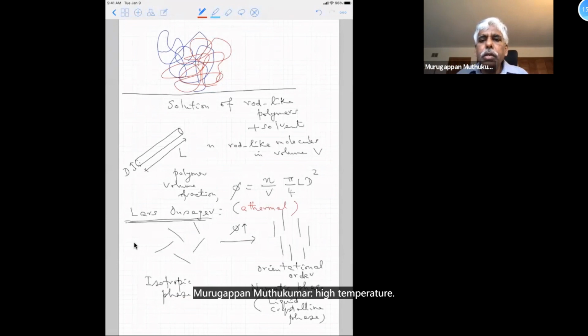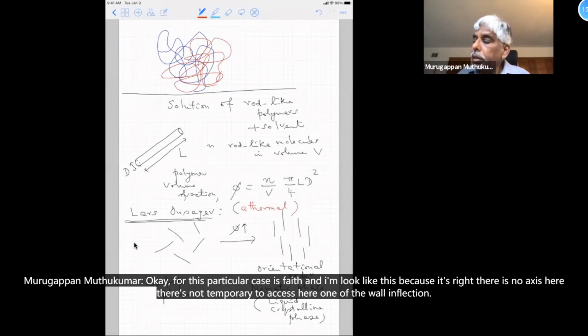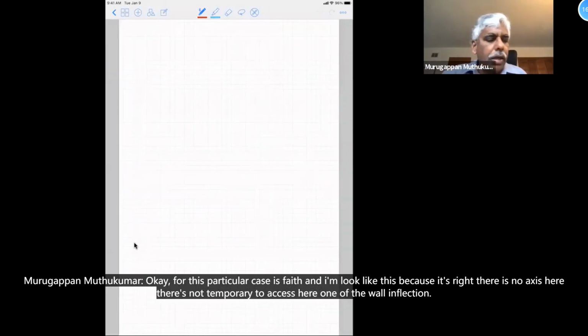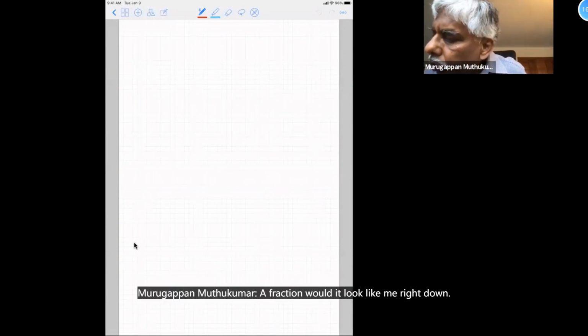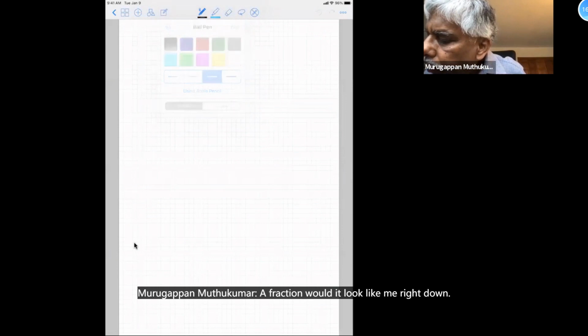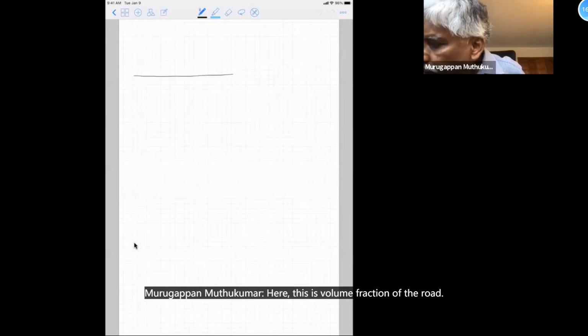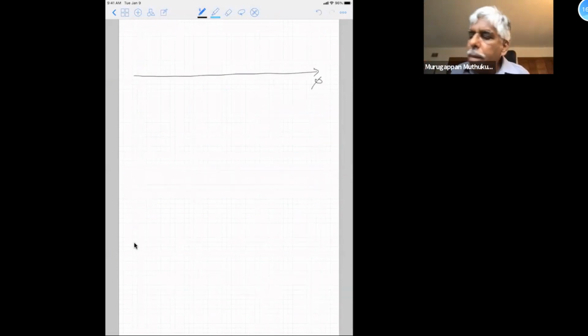High temperature, only entropy, no interactions and no energy at all. For this particular case, his phase diagram looks like this. There is no temperature axis here, only volume fraction. Let me write down here. This is the volume fraction of the rod.